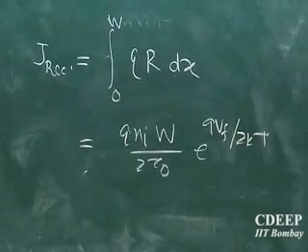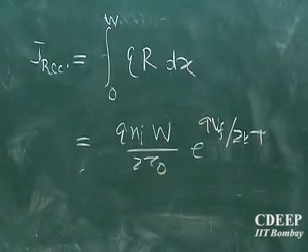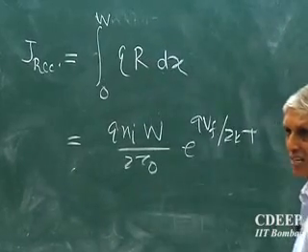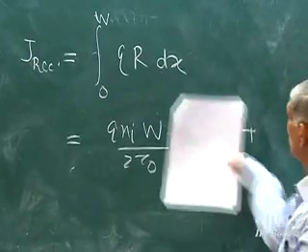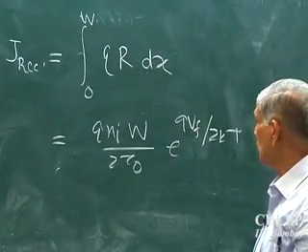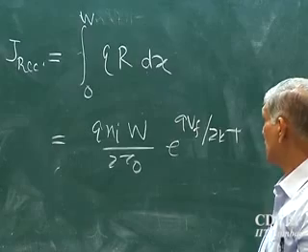Is that okay? Just substitute R here and integrate. There is no x term there, so the only term that will appear is W from the x. So you get q ni W upon 2 tau 0 e to the power qVf by 2kT.